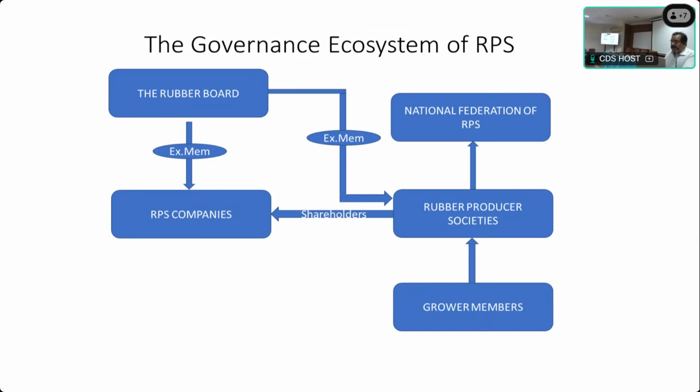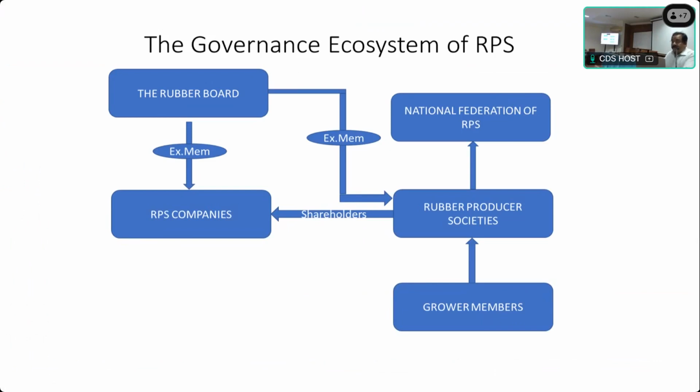Once you become a member of the RPS, the RPS can be represented in the National Federation of RPS Owners. On the other hand, the RPS has ownership in the RPS companies.